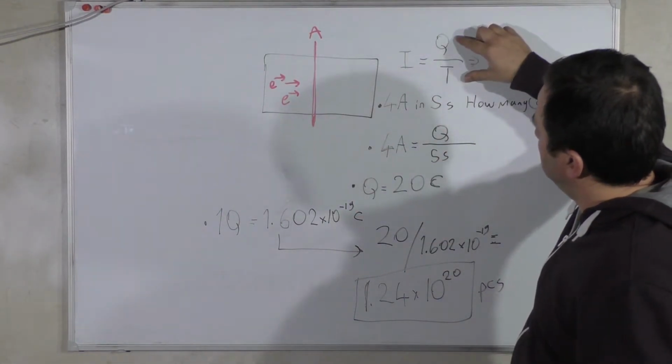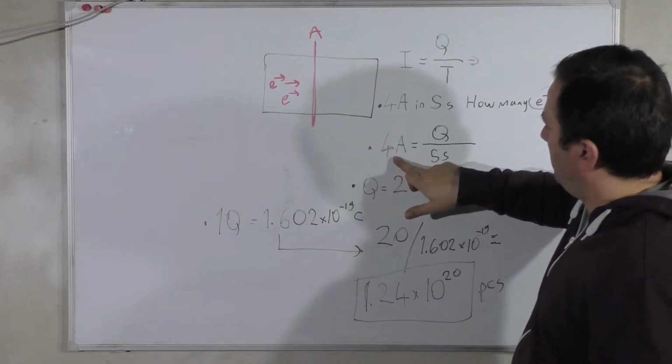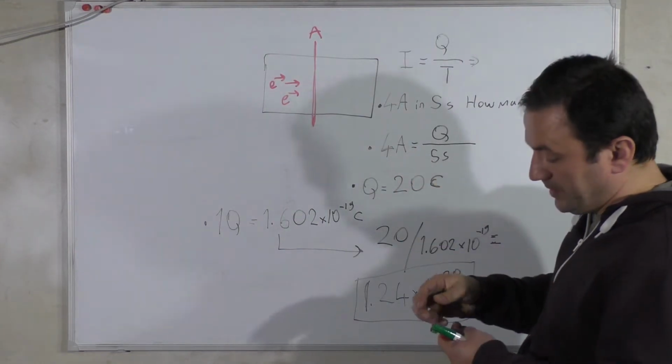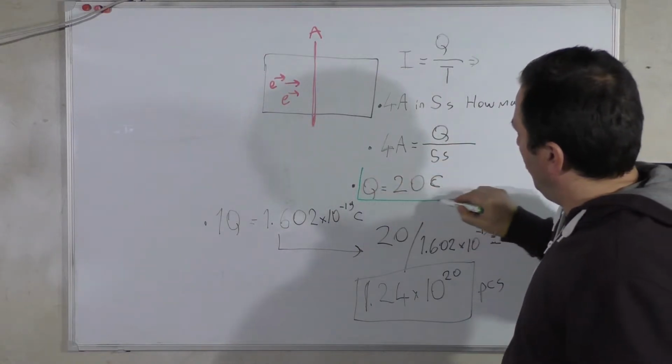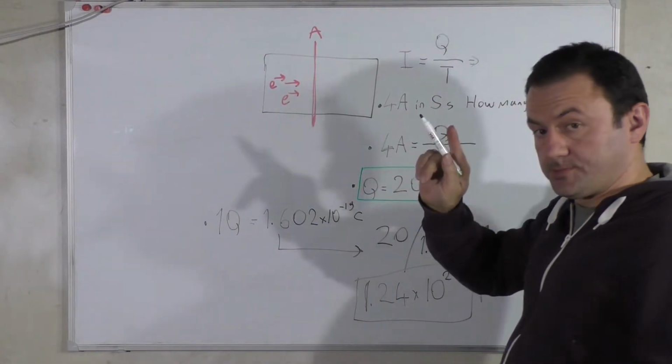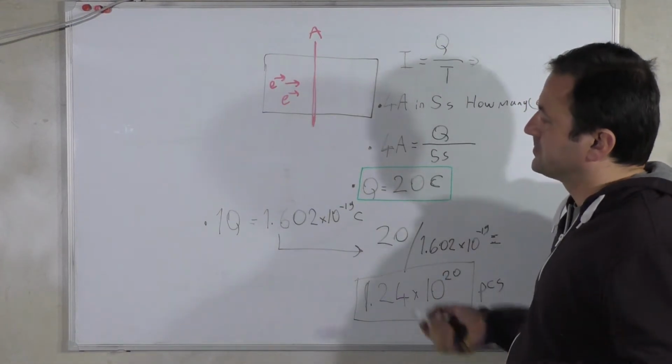Our formula is here. I'm putting 4 amperes in 5 seconds, so we need 20 coulombs total charge.